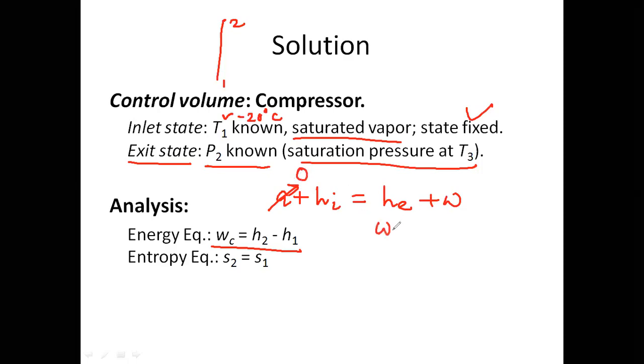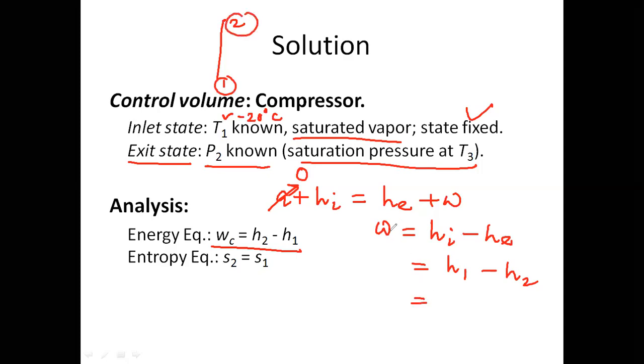So W is equal to Hi minus He. It will be H1 minus H2. I is the inlet, so inlet is state 1, and E is exit, so this is state 2.